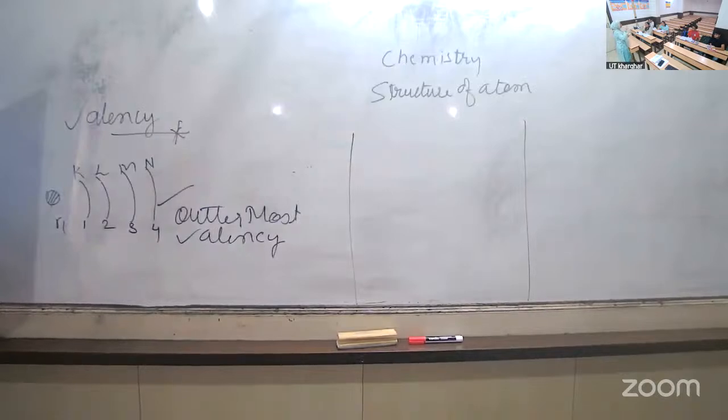And if you observe that column properly, you will find it is the number of electrons required to complete that particular configuration of that shell.